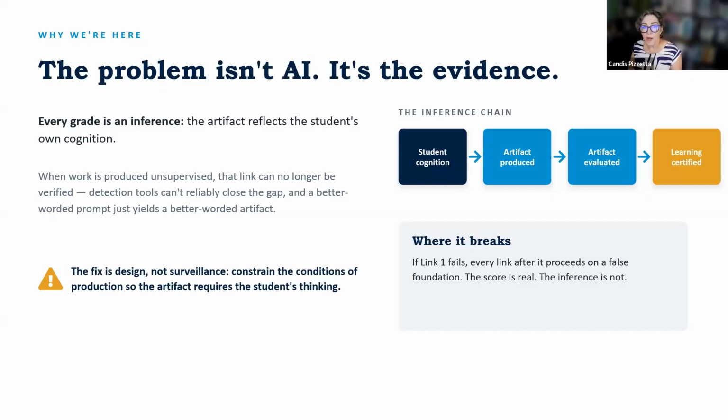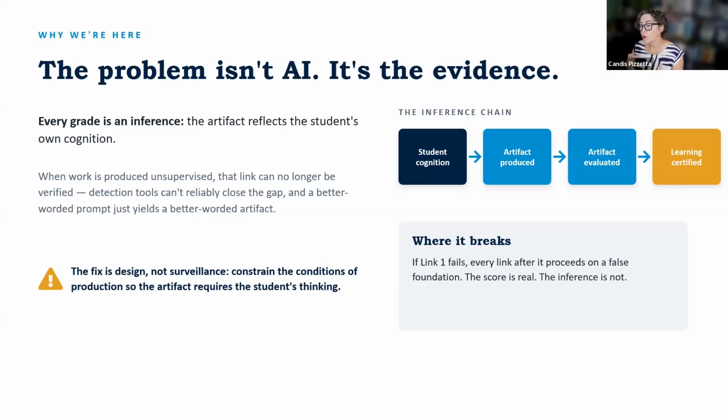But the problem is that with the advent of AI, students are able to do a lot of the work they were required to do before. So imagine a student producing an artifact with AI that is undetectable, or you can't prove that they didn't produce it.